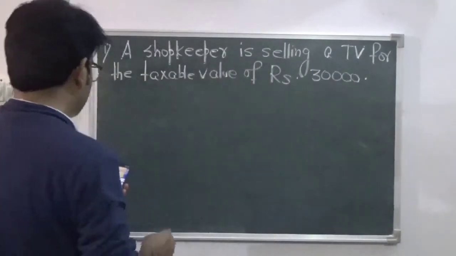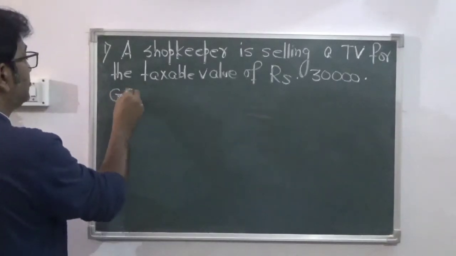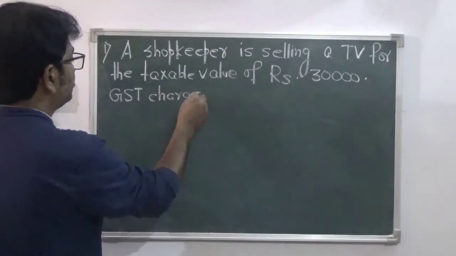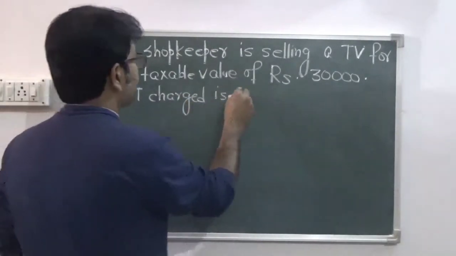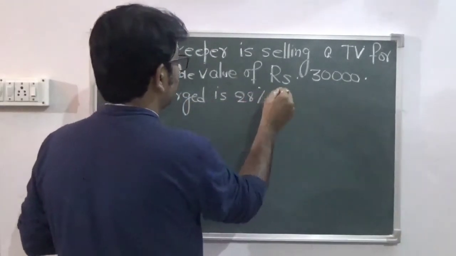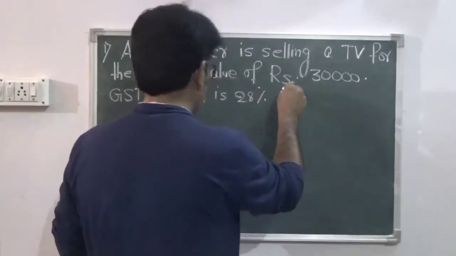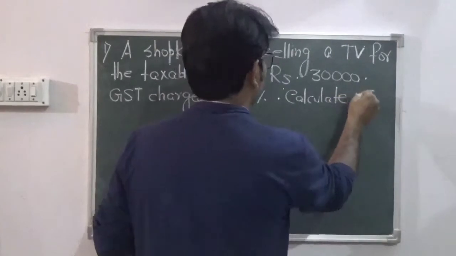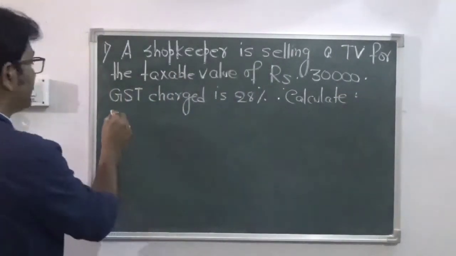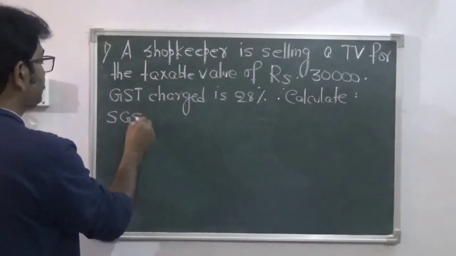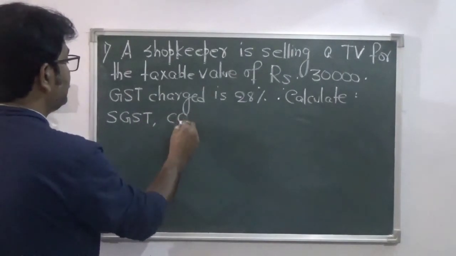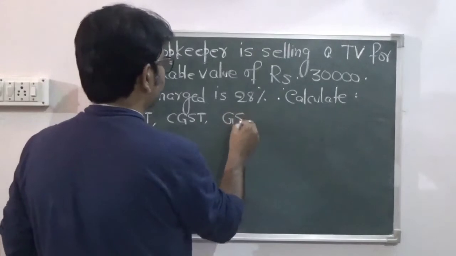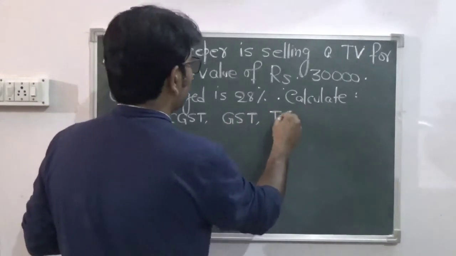GST charged is 28%. Find or calculate SGST, CGST, GST and the total cost.